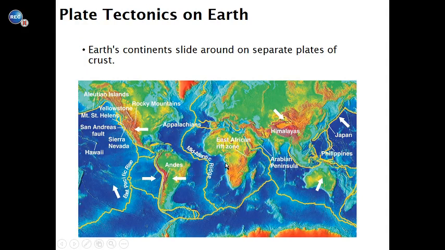South America looks like it should fit right beside West Africa. The Andes and the Atlas Mountains and the Himalayas kind of look like they could link together, and the Appalachians and the Alps are kind of like that.